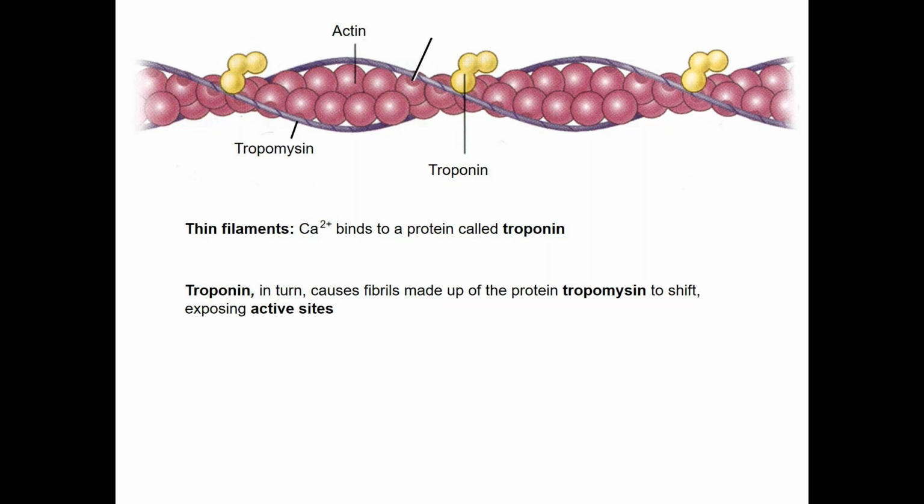So as long as tropomyosin is where it's at rest, the thin filament can't interact with anything else. Okay? Troponin binds to calcium, it changes the shape of troponin, and it moves tropomyosin out of the way. And now we've activated, essentially, the actin of the thin filament, and now we can bind to other things. And that binding to other things is what's actually going to cause the contraction itself.